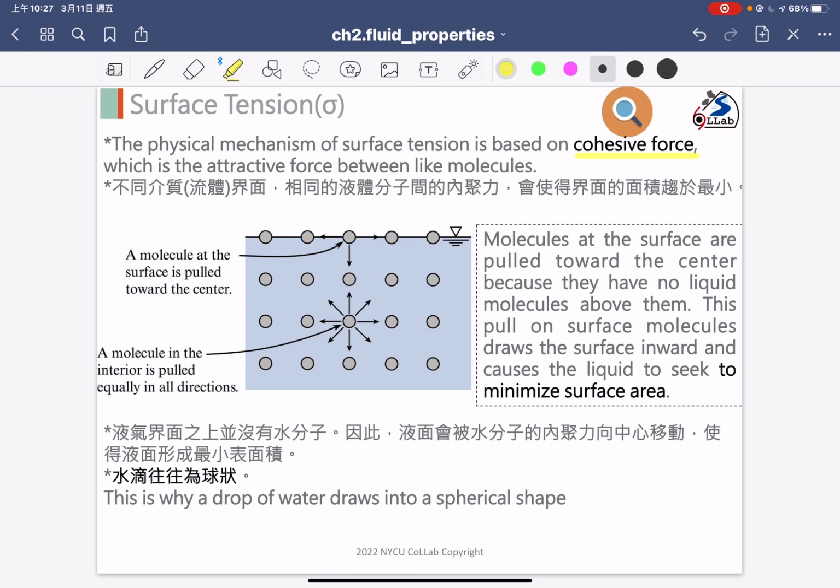So what is the cohesion force? The cohesion force is an attractive force between two identical molecules. If the molecules are different, we will have different coefficients.